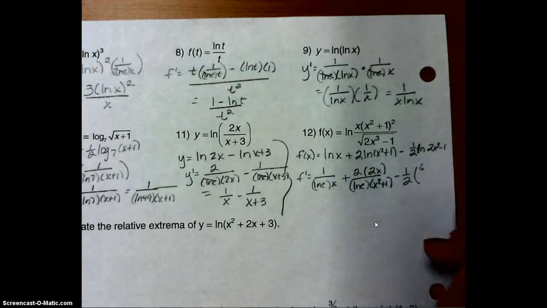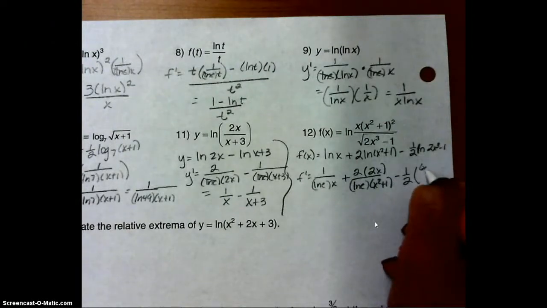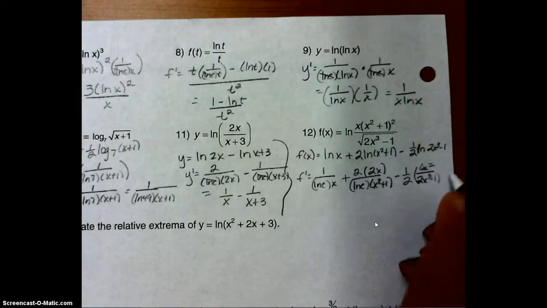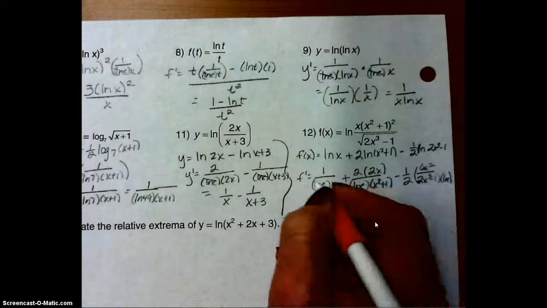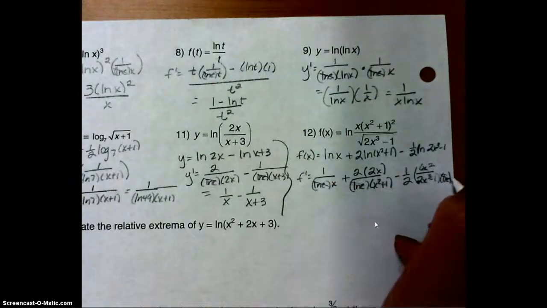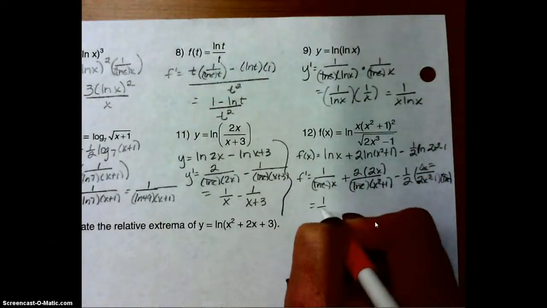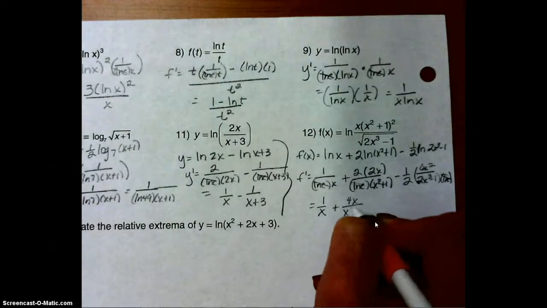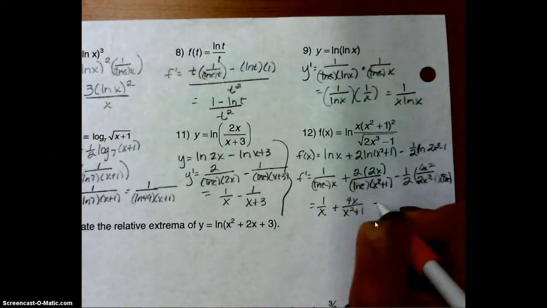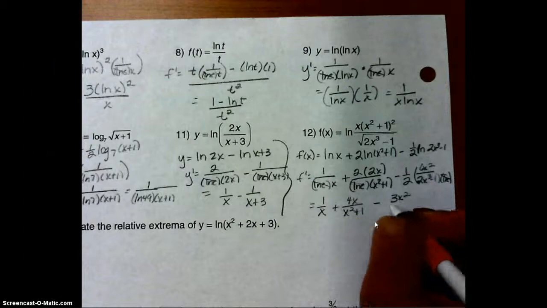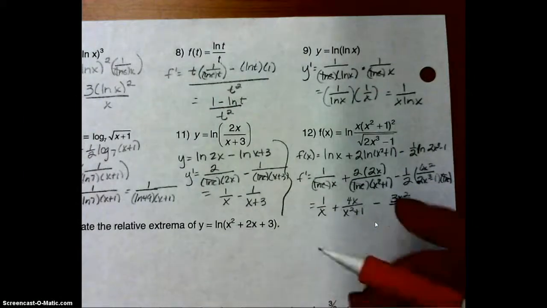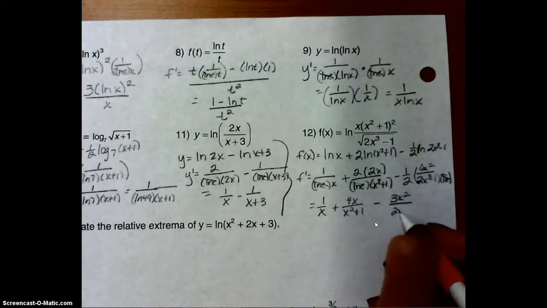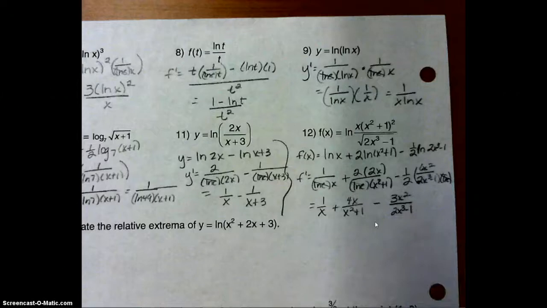The derivative is 6x squared over 2x cubed minus 1. Oops, and I forgot my ln of e. Okay, all my ln of e's reduce. So I get 1 over x plus 4x over x squared plus 1 minus 3x squared over 2x cubed minus 1.